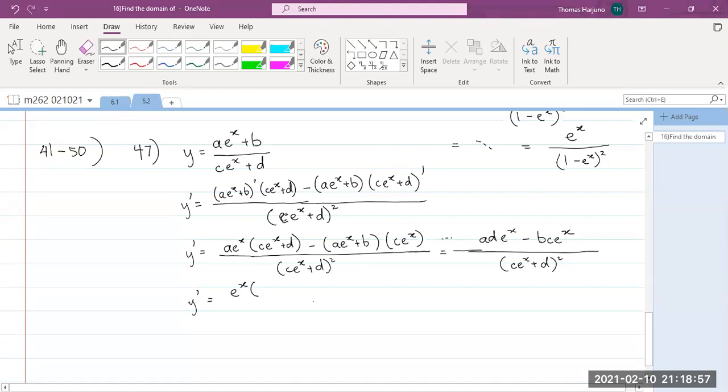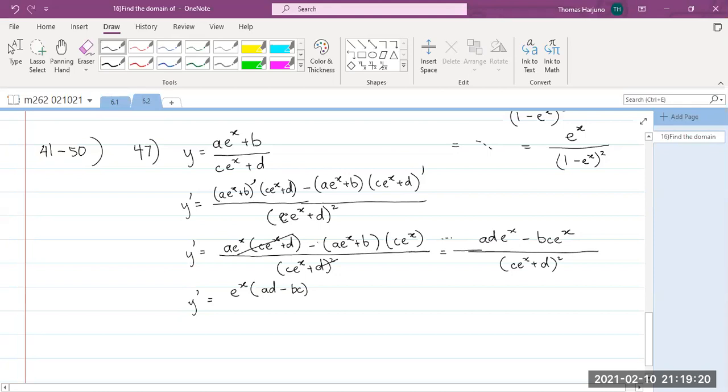Could you also cancel out the c e to the x plus d early? In the third step, can I cancel this? You cannot cancel a common term.